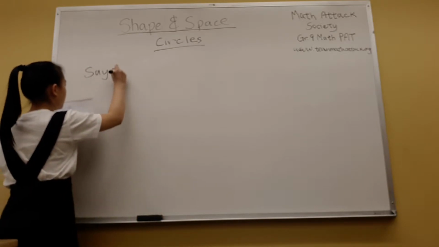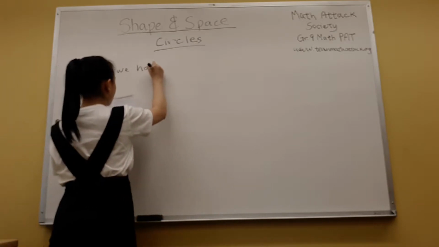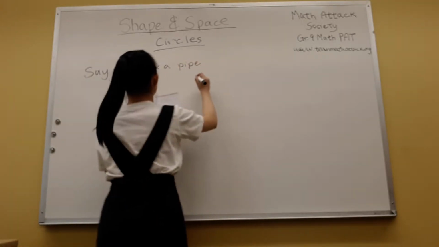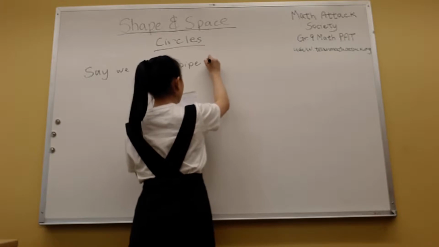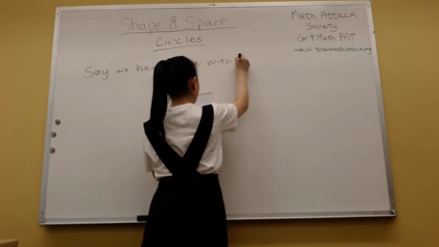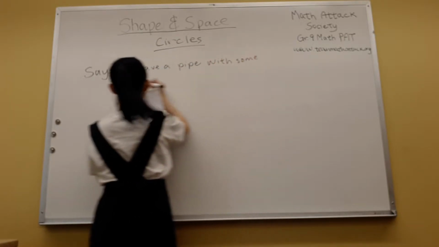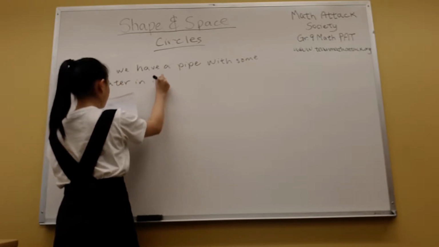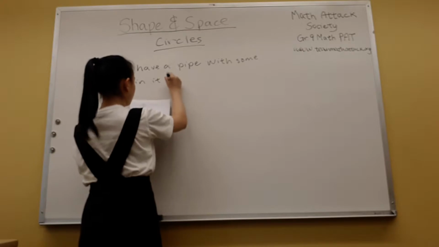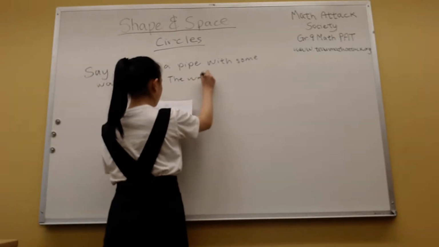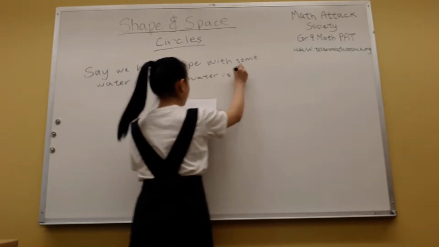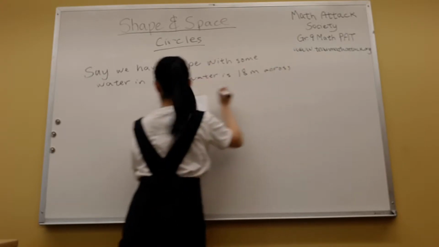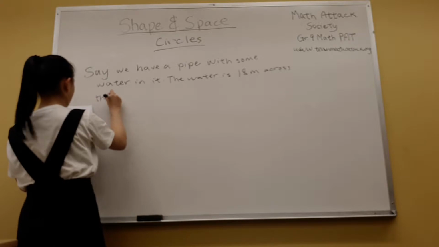Say we have a pipe with some water in it. The water is 18 meters across the pipe.